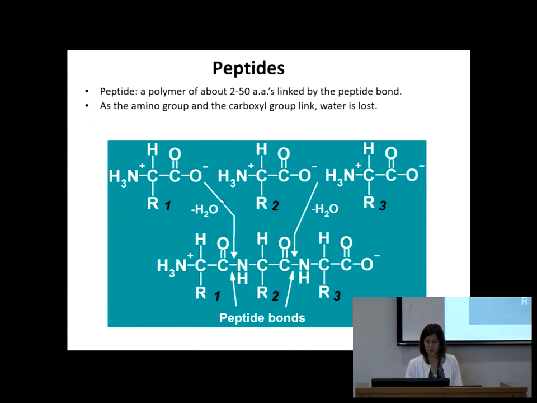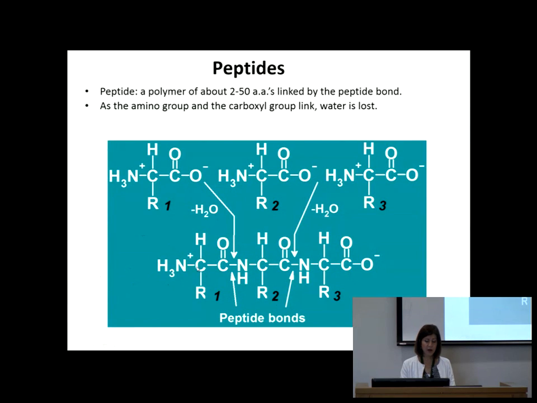That's why peptides and proteins are called polymers, because we're putting together a bunch of them in the same reaction. And so we get our peptide bond, and water is lost from it. Notice that we have the different R groups hanging off. Here we call this our backbone. You have an N terminus and a C terminus.